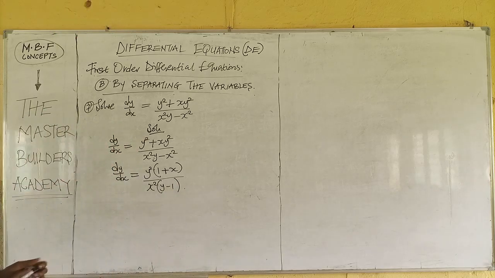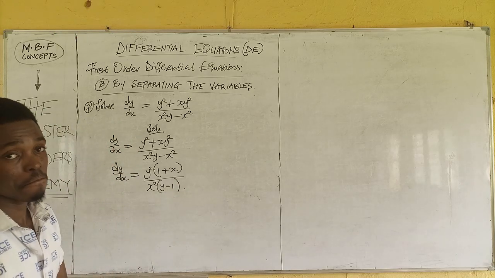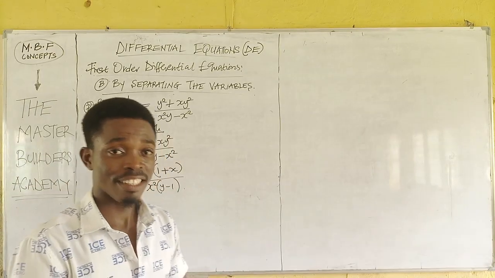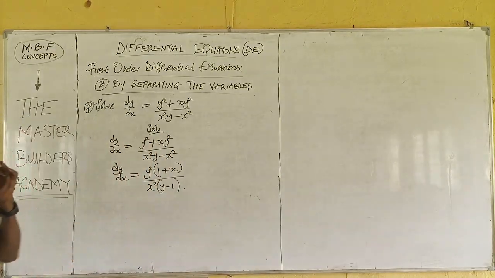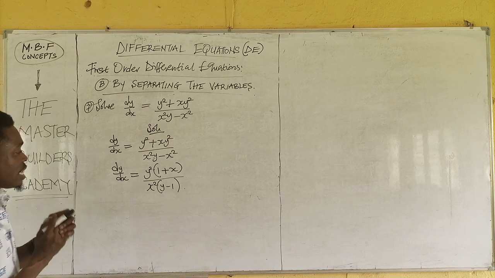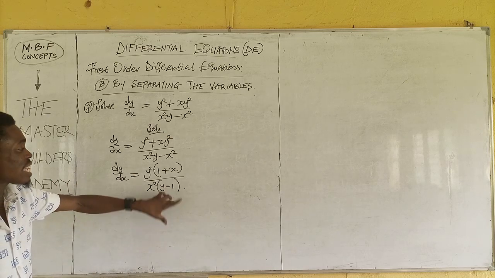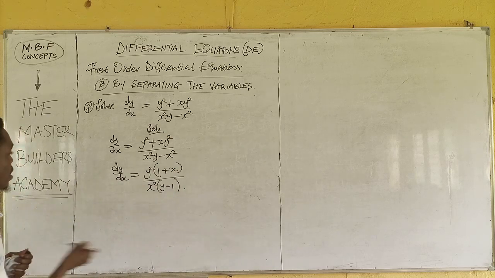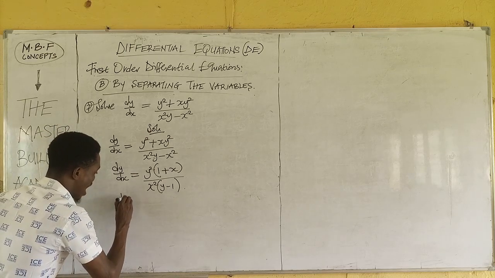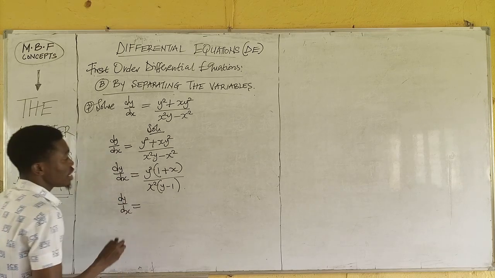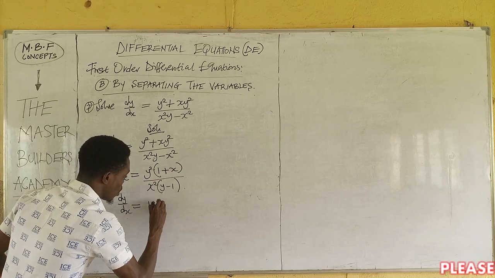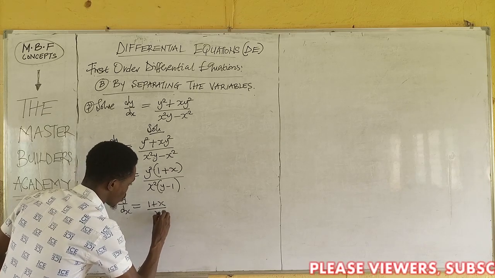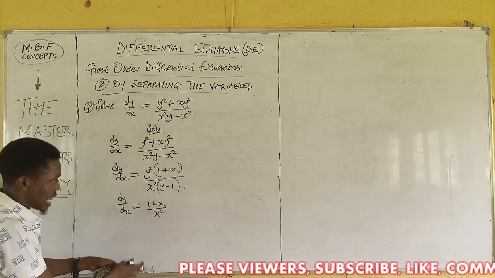So guys, this is it. Then the next thing we do now is to ascertain whether the relationship between x and y here is multiplication. Now let's take a step further. dy over dx will be equal to 1 plus x over x squared. Let's arrange all x to one side and y to one side.